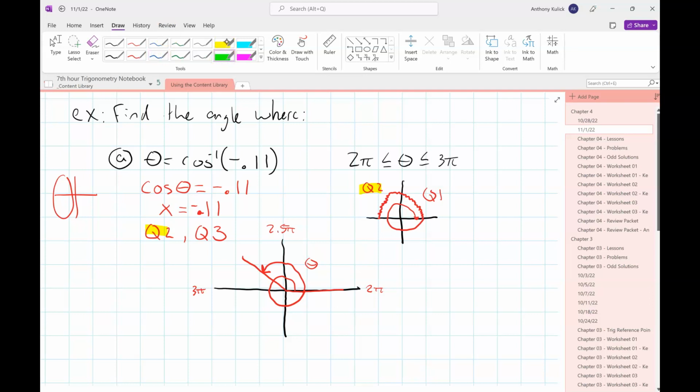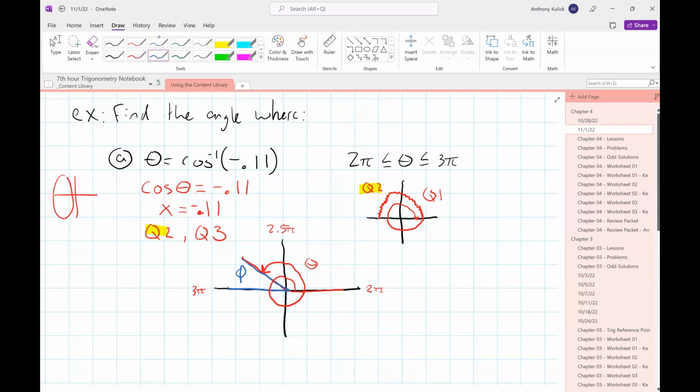So what I'm going to do now is define a new angle that's called a reference angle. And that's going to be the angle formed between the terminal side of my theta and the x-axis. This new angle I'm going to call phi. And that angle phi is always going to be between the terminal side of my angle and the x-axis. Okay, let me say that one more time.